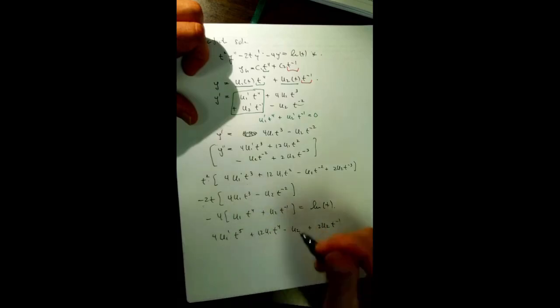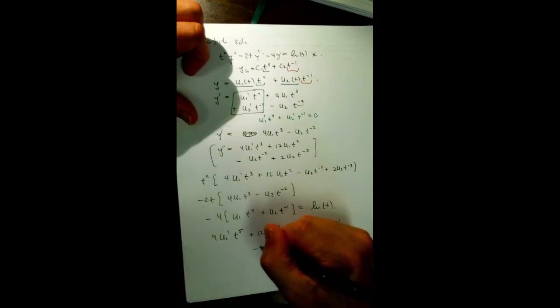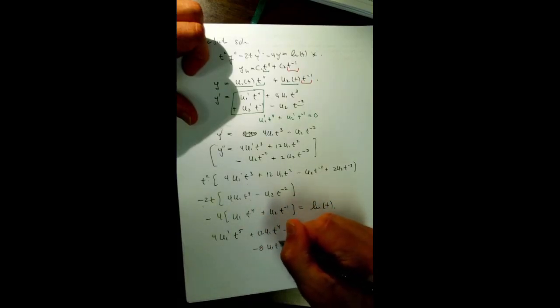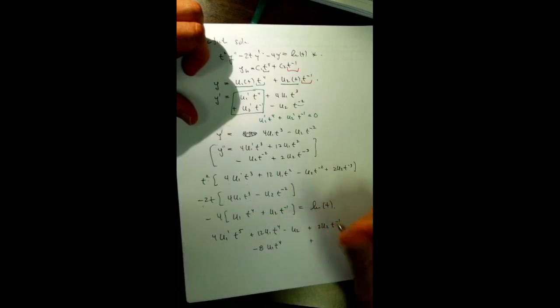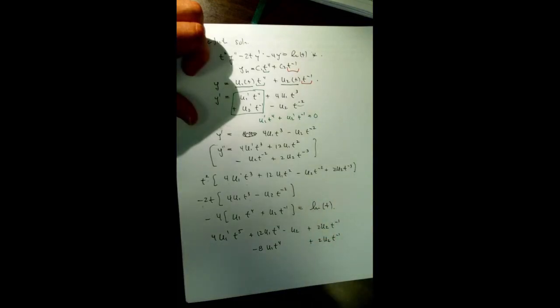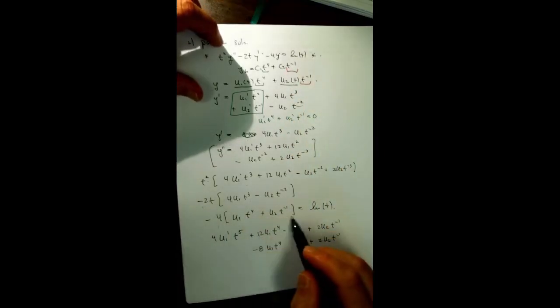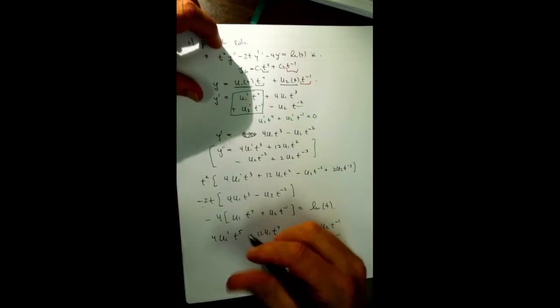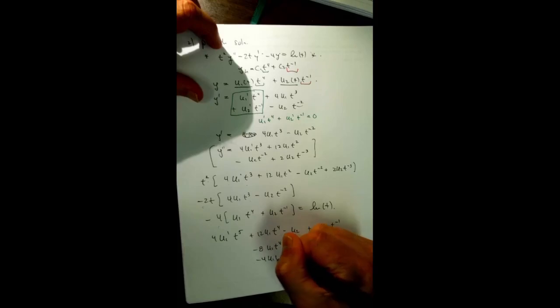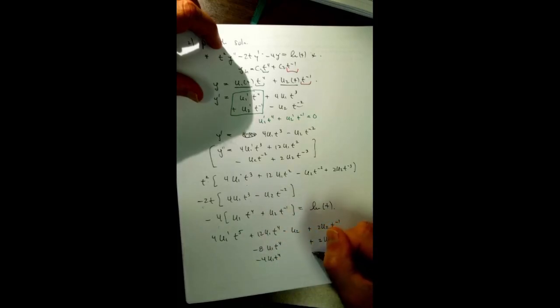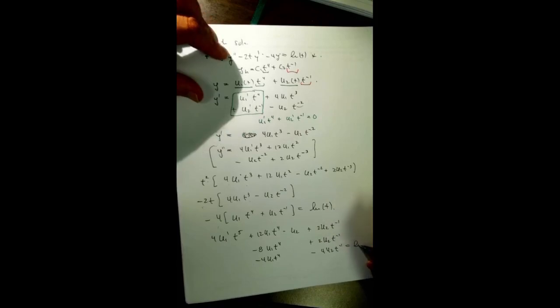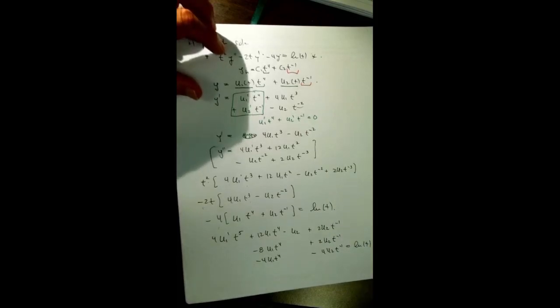For this term, I'm going to have minus 8U1 t to the fourth. I'm going to have plus 2U2 t to the minus 1. And then finally, for this term, when I multiply that through, I'm going to have minus 4U1 t to the fourth minus 4U2 t to the minus 1 all equals log of t.